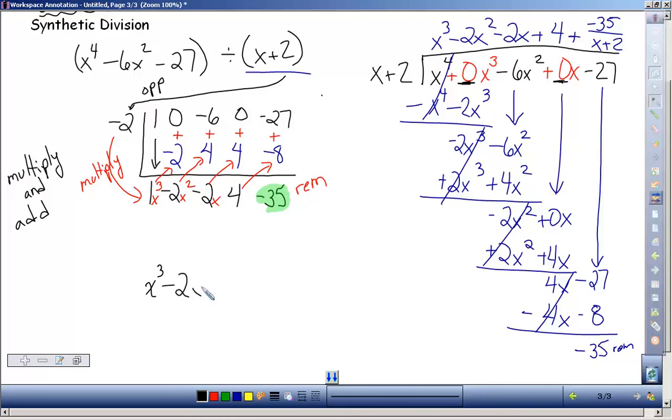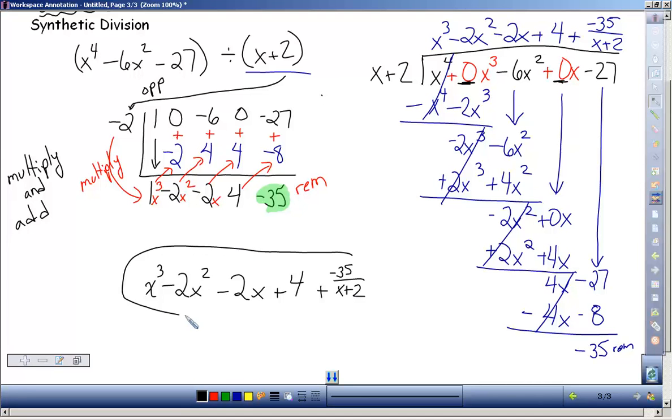So when I write my final answer, I have 1x to the 3rd minus 2x squared minus 2x plus 4 plus my remainder of -35 over x plus 2. So synthetic division can get me the same answer, just a lot fewer steps.